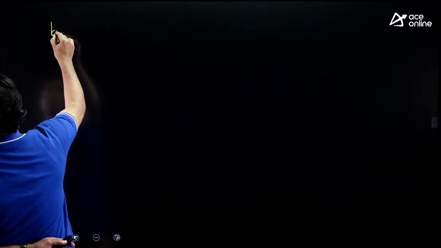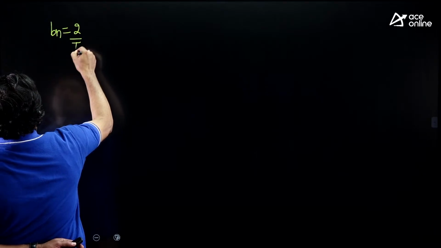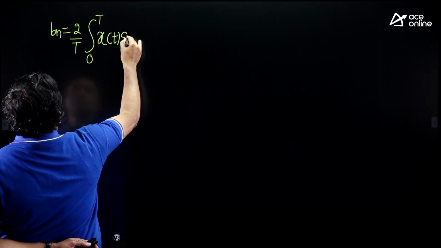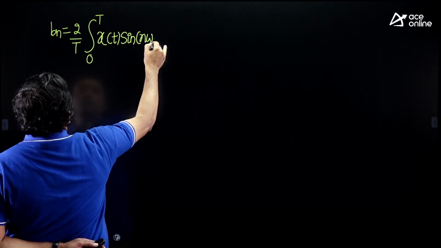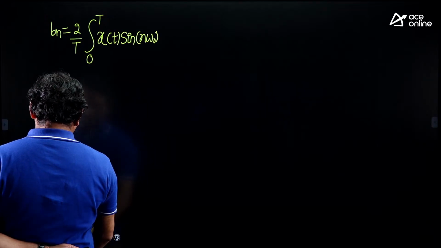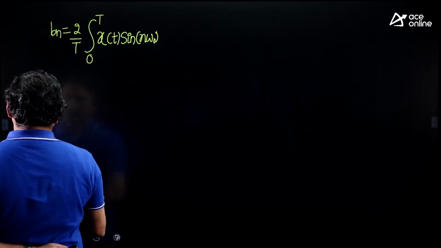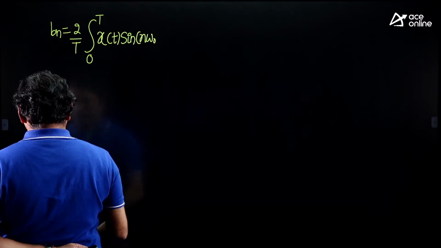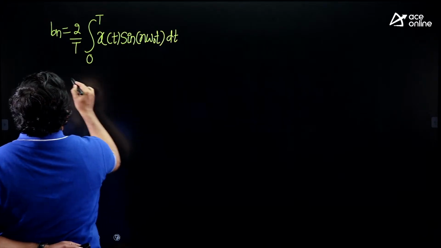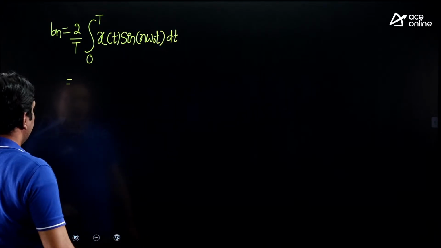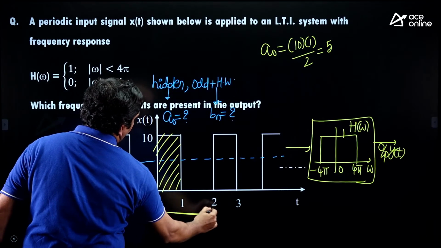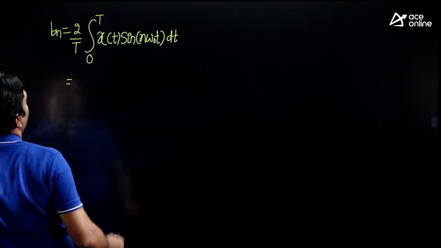What is the Bn definition generally? 2 by T integral of x of t sin n omega naught t dt. From the previous slide, this is one period, but within the time period it covers from 0 to 1.